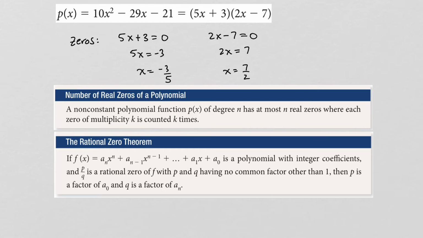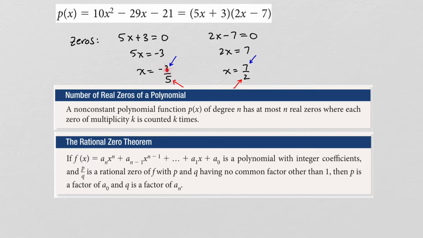Now what I want you to notice is that if you look at the denominators of each of these, you'll notice that the denominators are 5 and 2. And 5 and 2 come from 10. Those are the factors of 10. And if you look at the numerators, 3 and 7, those are the factors of 21. And this is not a coincidence.